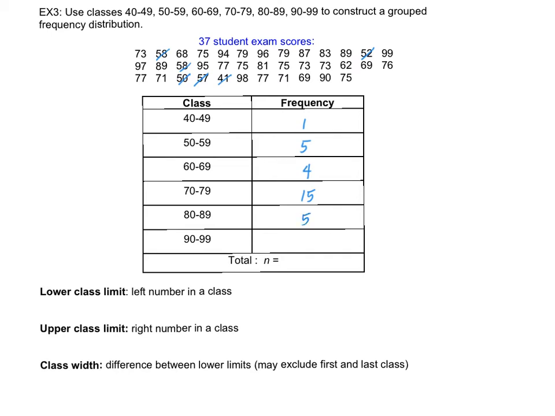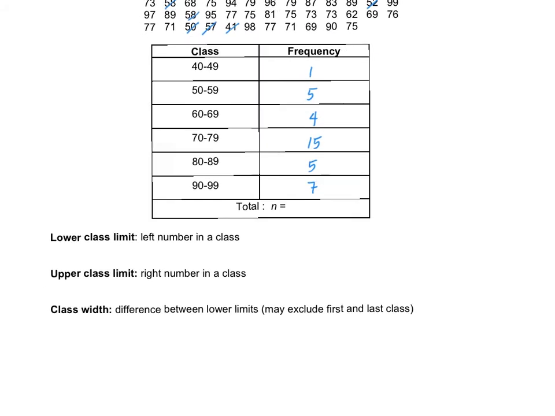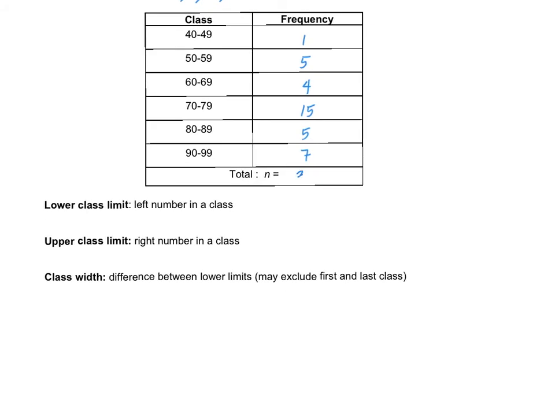And then 90 to 99 is 7. Now there's supposed to be 37 student exam scores. So when I add up the frequency column, it should be 37, which it is. Oftentimes when you do these exercises on my lab, it won't have that total at the bottom. It'll just have the 2 columns, but sometimes it'll have the total on there.